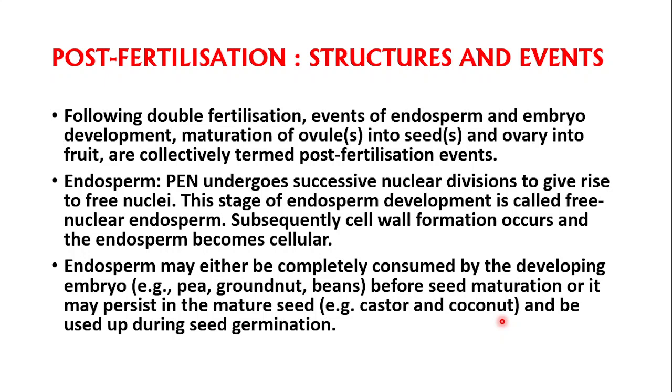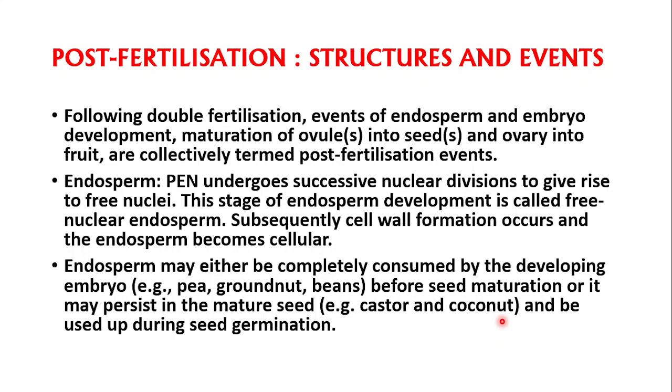And in the coconut there are two types of endosperms you can see. First one is the endosperm which is in the form of liquid, that is liquid endosperm or else free nuclear endosperm, which you call coconut milk. And inside the coconut you can see the white colored cellular matter.